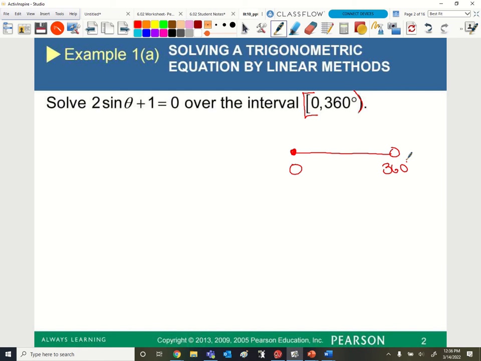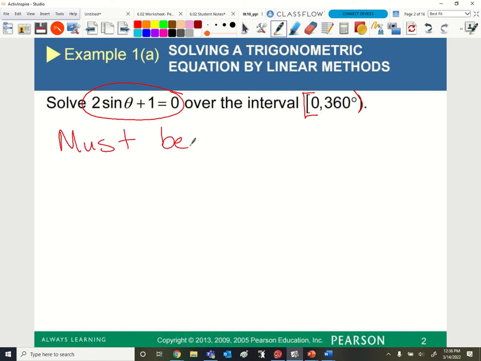Given that much information, the next thing we're going to look at is that all these equations must be equal to 0. The zero product rule is the property I'm going to be using here.